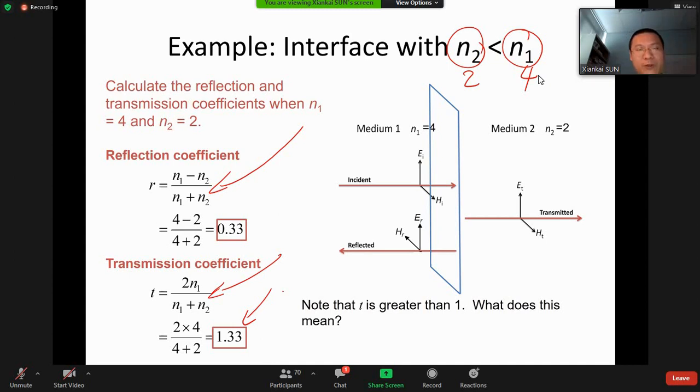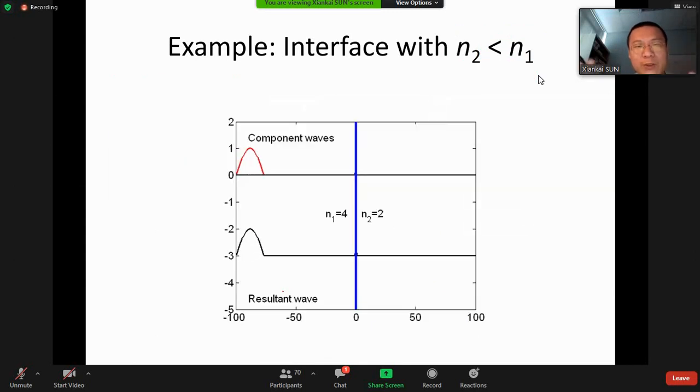So T is the transmission coefficient. Does that mean you have an even stronger transmitted wave compared to the incident wave? Before I answer your question, let us look at this animation.